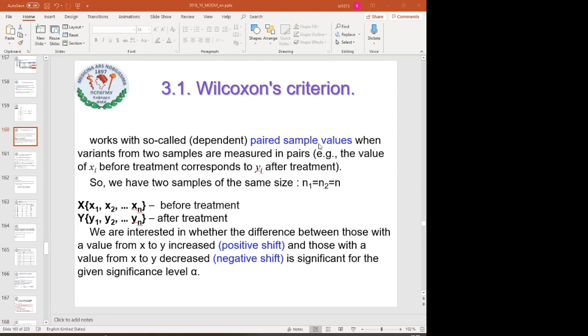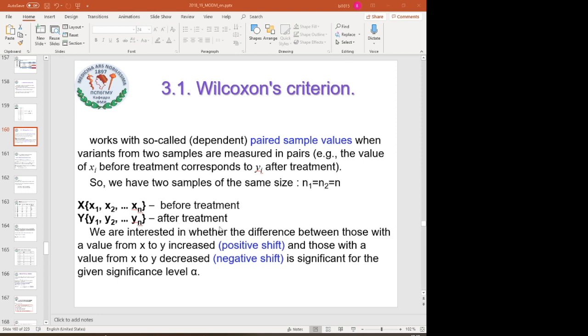The value for patient A, before and after, are dependent because they are for the same patient, and for all patients the values are paired, before and after. So let's consider xi is paired with yi for the same i-th patient. It's obvious that sample sizes should be the same.